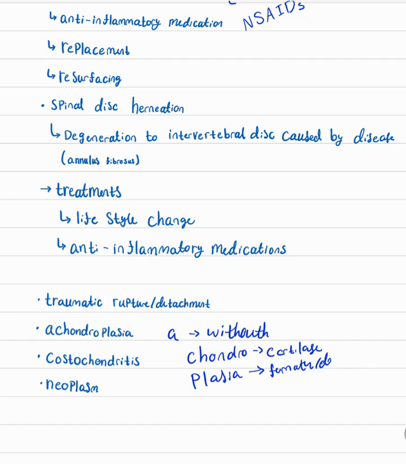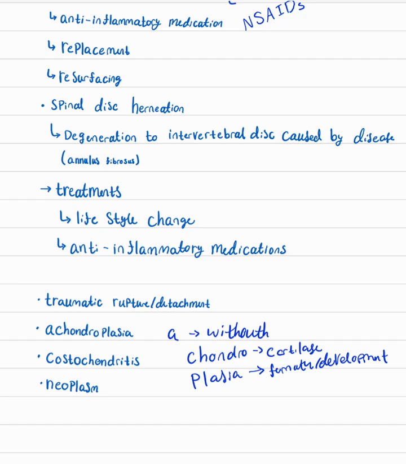So it's without cartilage formation, and it describes a genetic bone growth disorder.